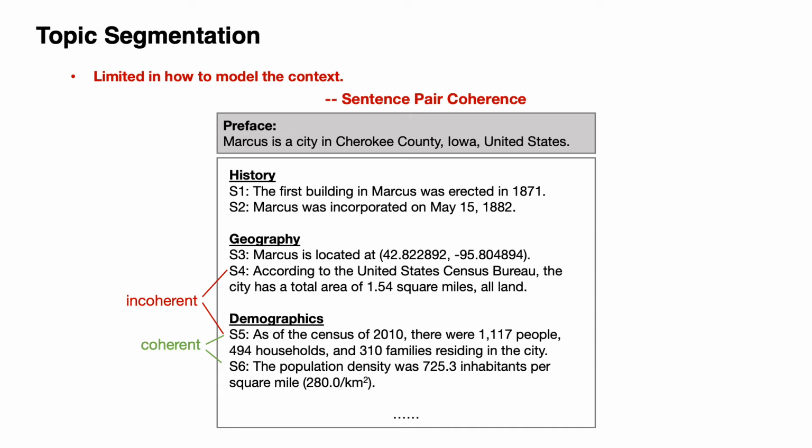As shown here, sentences 5 and 6 are more coherent together than sentences 4 and 5, which are from different segments. However, in the previous work, this pattern of sentence pair coherence is only learned implicitly by the neural network itself, and we believe that with a proper way of explicitly modeling the coherence between sentences, the neural topic segmenter can be further enhanced.